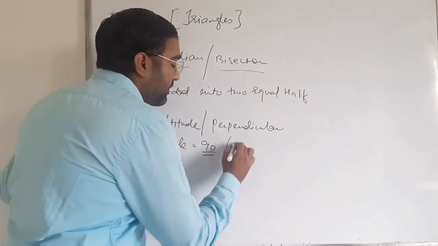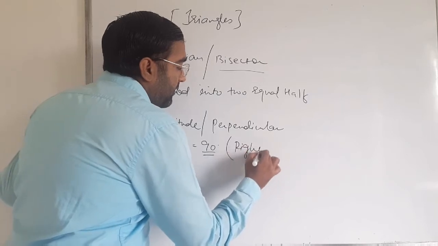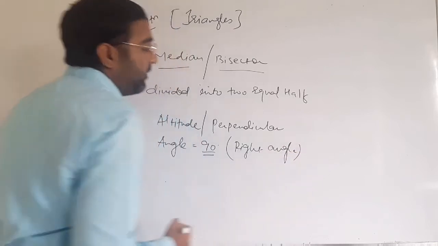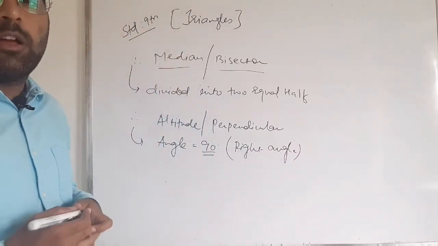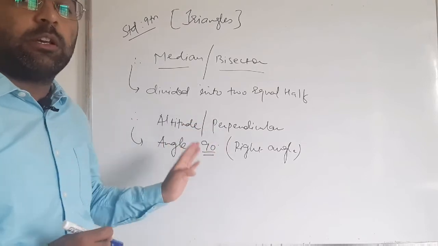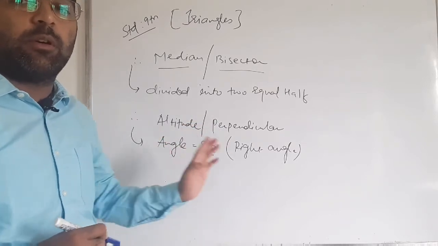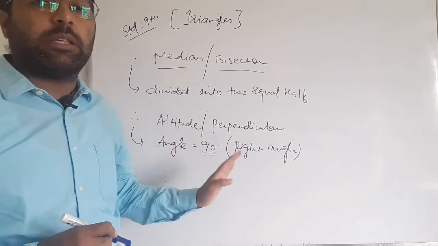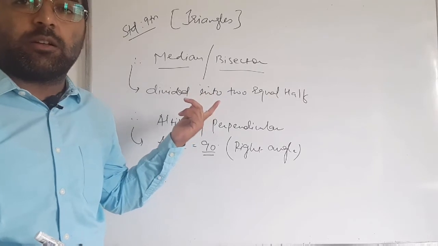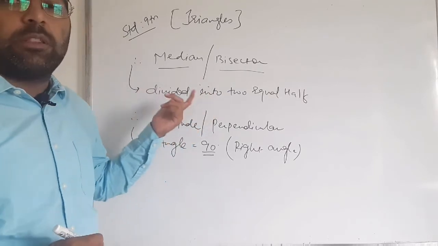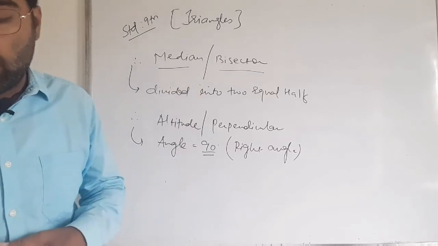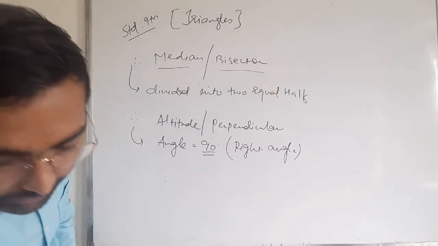That means we are always using a right angle. Clear? Altitude or perpendicular means 90 degrees, a right angle. And whenever we use the term median or bisector, it means divided into two equal halves. So let's start exercise 7.2.